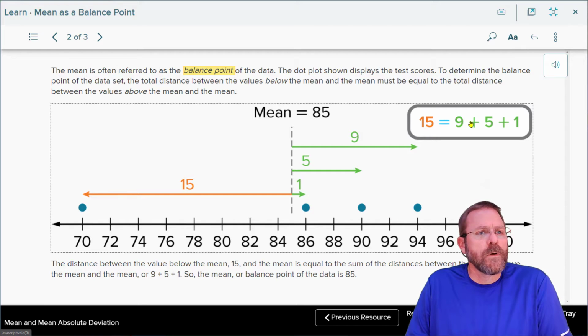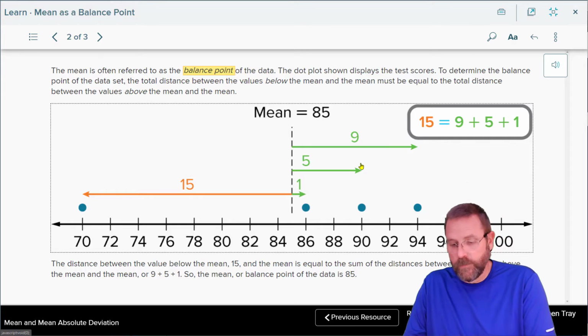Excuse me, I'm sorry, 15. So there you can see you've got 15 above the mean too. So there you go, your balance point: from the lowest point to the mean, it was 15, and when you add up how far all the points above are from the mean, that added up to equal 15 as well.